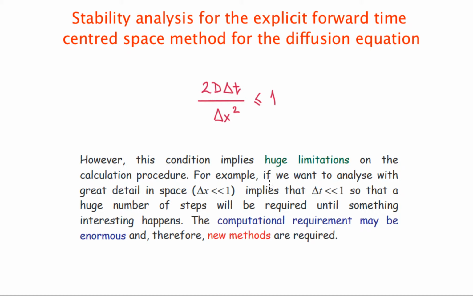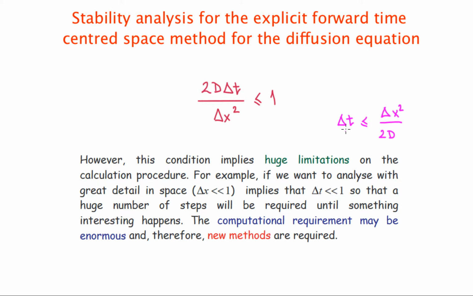Because, for example, let's suppose that we want to analyze with great detail in space, which makes us consider a very small step in space. As delta t is related with delta x squared, then delta t has to be smaller than delta x squared over 2 times d.